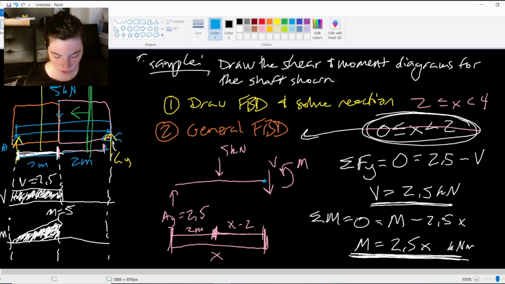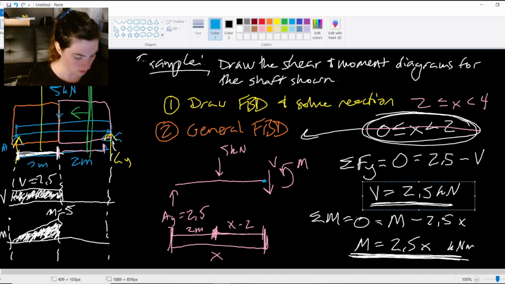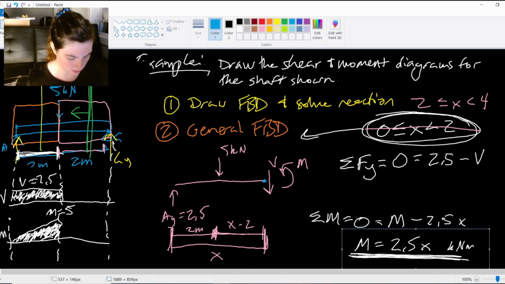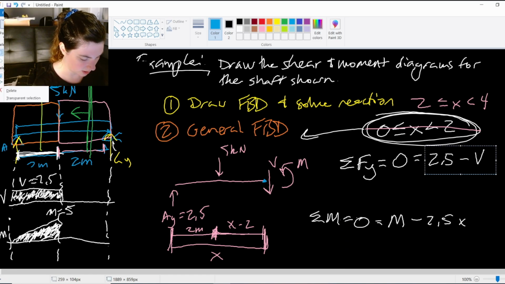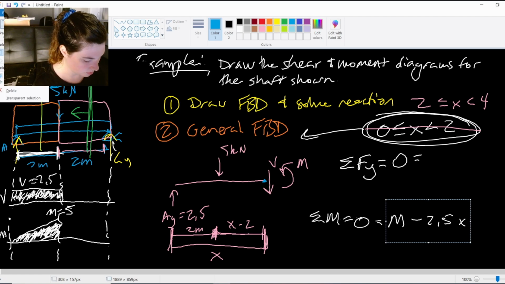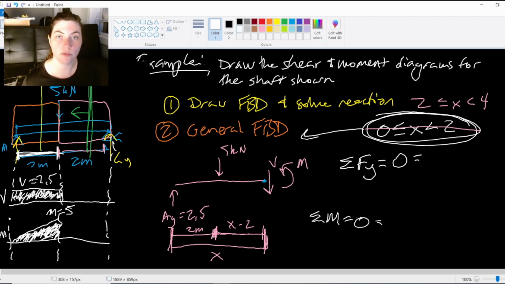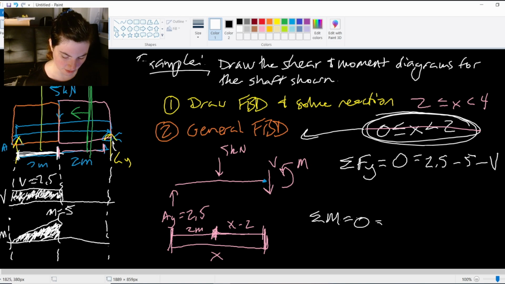And it's the same process, we still just use our equilibrium equations. So I'll go ahead and delete that guy, delete this guy, and I guess I should delete all of this so that I don't get confused. Alright, so sum of my y forces, I'm going to have AY is 2.5, minus 5, now that 5 kilonewton applied force is in this, minus V. So now my equation for my shear force is negative 2.5 kilonewtons.